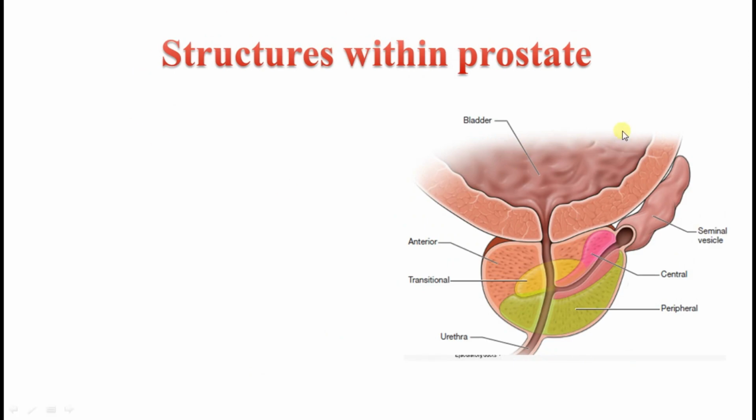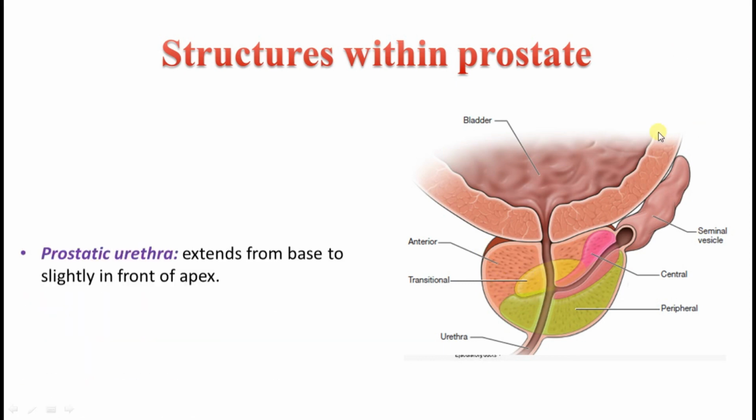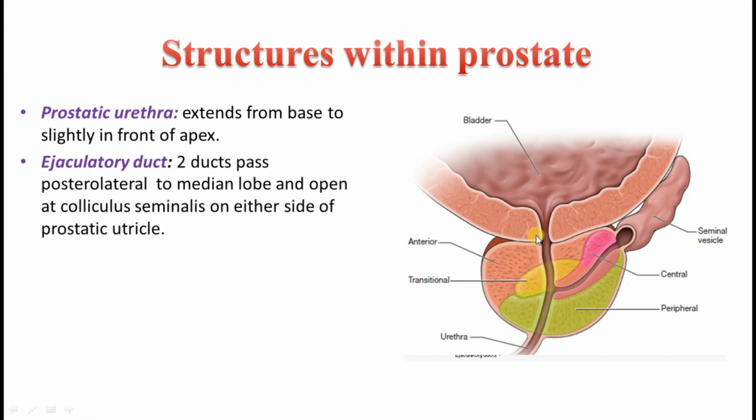Now, structures within the prostate. Mainly it is pierced by the prostatic part of urethra, which extends from the base to slightly in front of the apex, on the anterior surface. The whole length is traversed at the junction of the anterior 1/3 and the posterior 2/3.